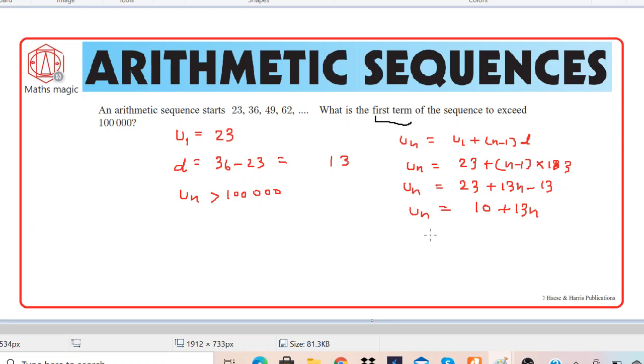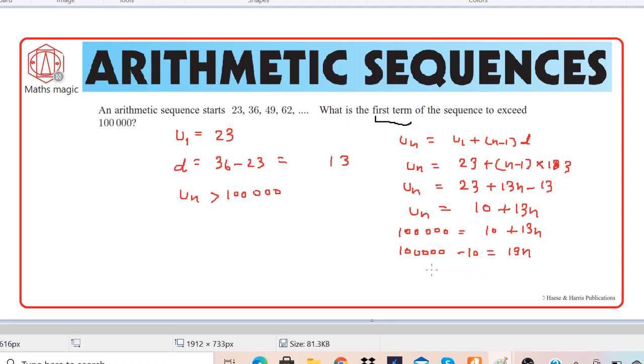So let's set that. If we have un as 100,000, and we have to find the value of n, it's going to be 100,000 minus 10 is equal to 13n.